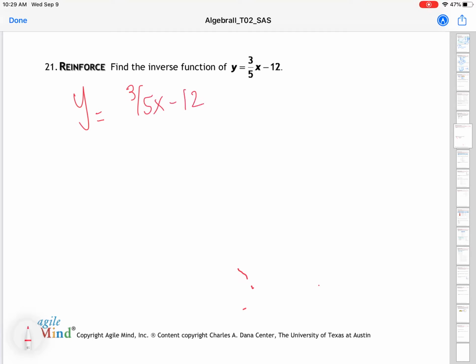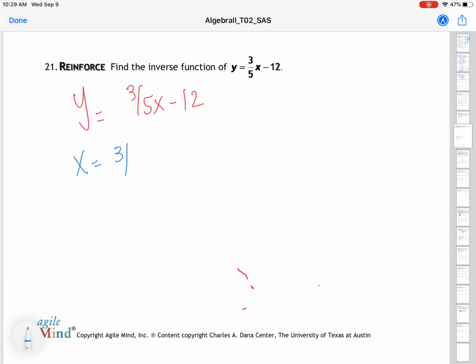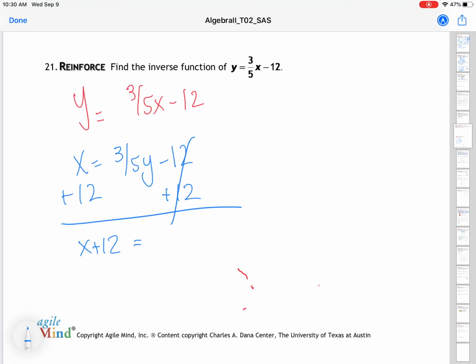First thing I must do is swap the x and the y. Then, I'm solving for y, so I'm adding 12 to both sides. x plus 12 is literally x plus 12.